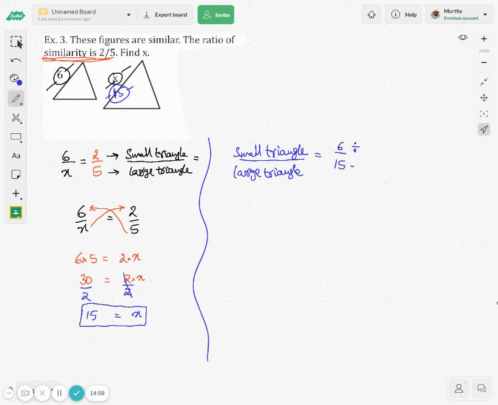Can you divide these two values? Obviously by 3 you can. So 6 divided by 3 gives me 2, 15 divided by 3, 3 5s. Therefore 2 over 5, which is matching with the given ratio of 2 over 5.